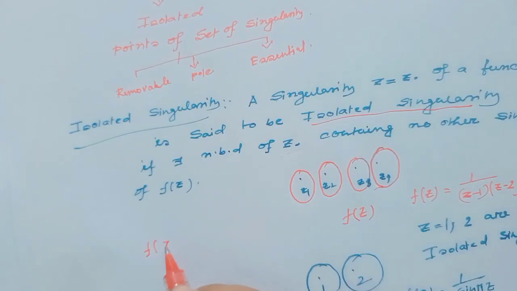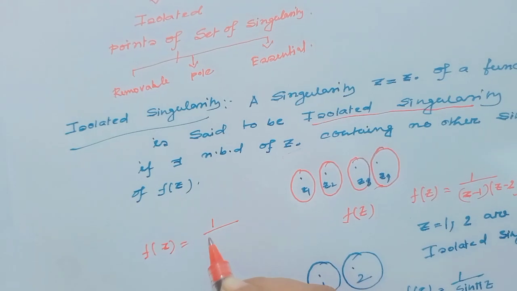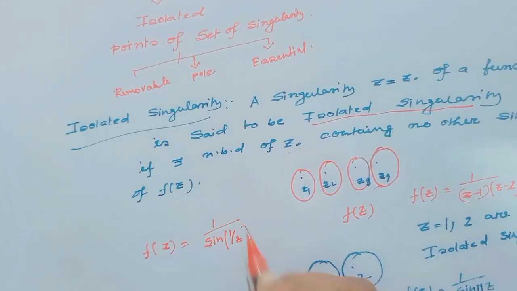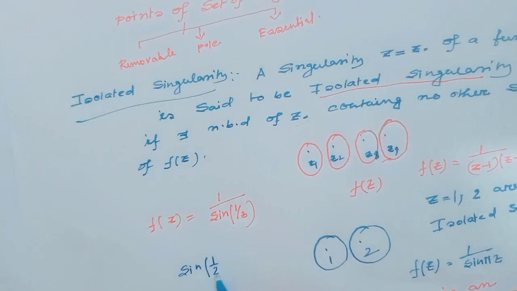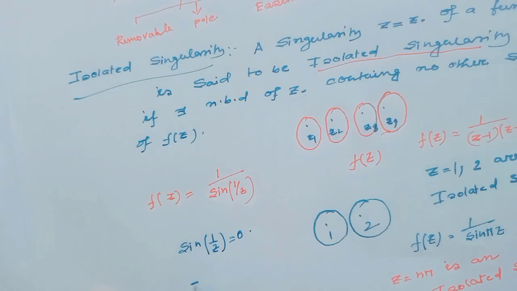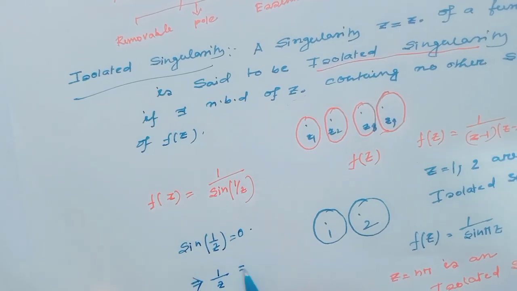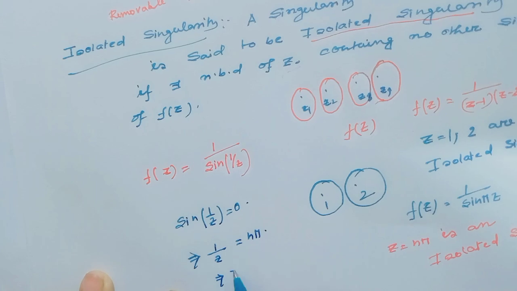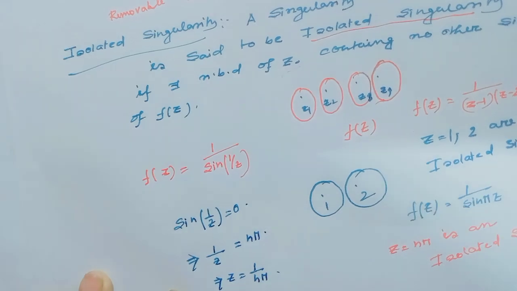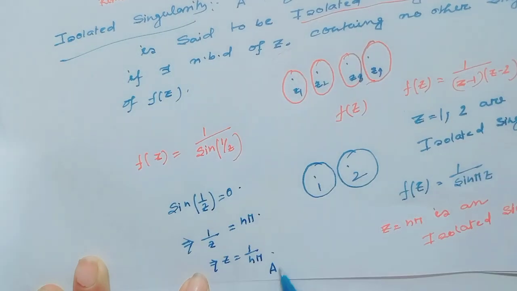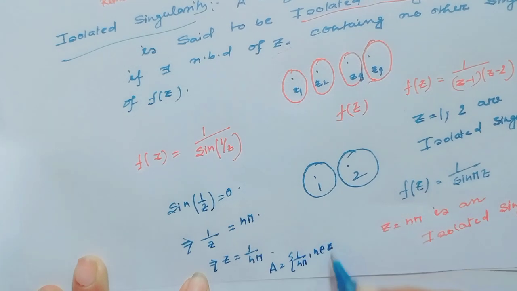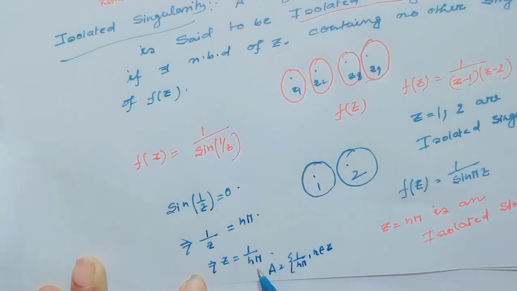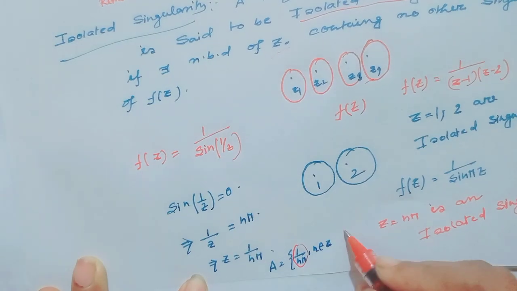Consider f(z) equal to 1 over sine(1 over z). Notice here sine(1 over z) equal to 0 implies 1 over z equal to n pi, which implies z equal to 1 over n pi, and the set of singularities is 1 over n pi, where n belongs to integers, and the limit point of this singularity is 0.